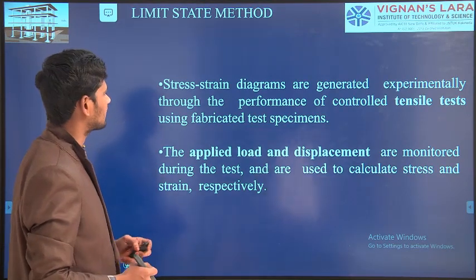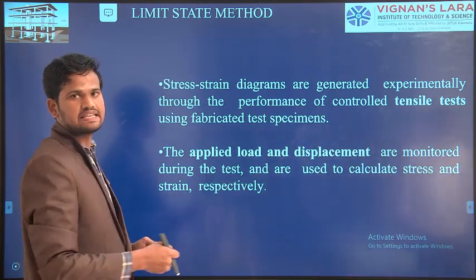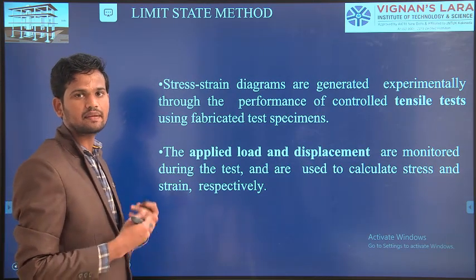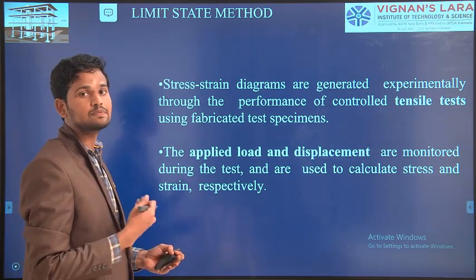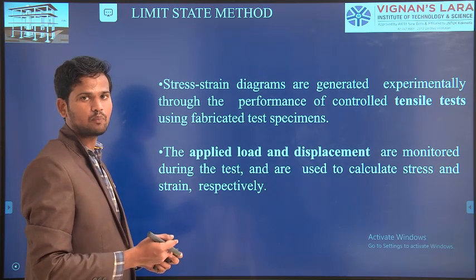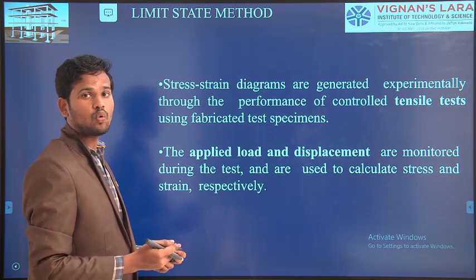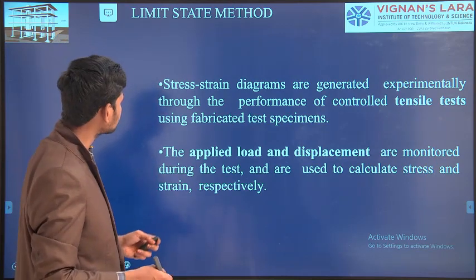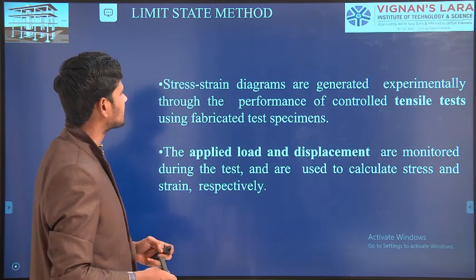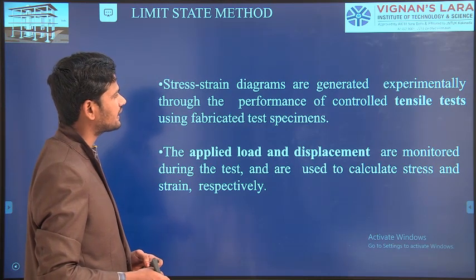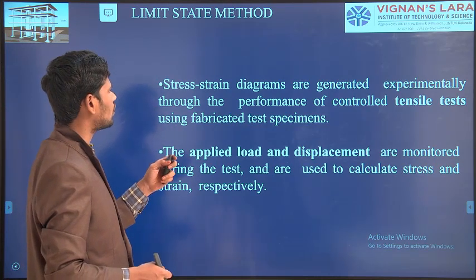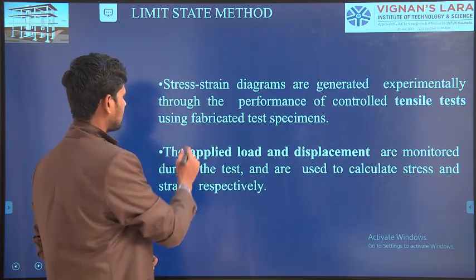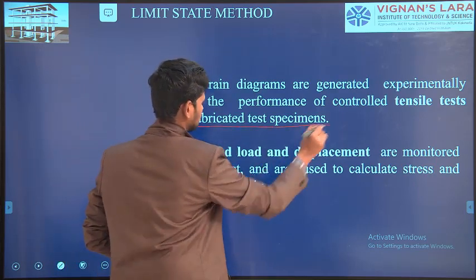Okay, now see here. Again we will see briefly what is meant by elastic limit, what is meant by plastic limit, what is the proportional limit, what is upper yield point, what is lower yield point, and breaking failure, rupture failure; we'll see in detail. Here, stress-strain diagrams are generated experimentally through a controlled tensile test using fabricated testing specimens.